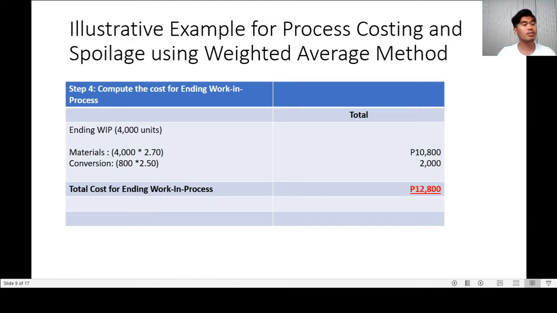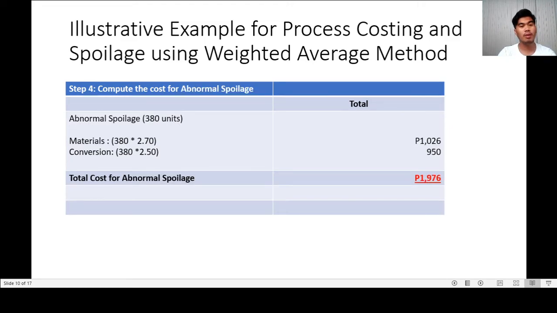Now, let's account for the abnormal spoilage. For our abnormal spoilage, the 1,000 minus 620, we have 380 abnormal units. So we multiply the abnormal units by the equivalent unit cost of materials and conversion.